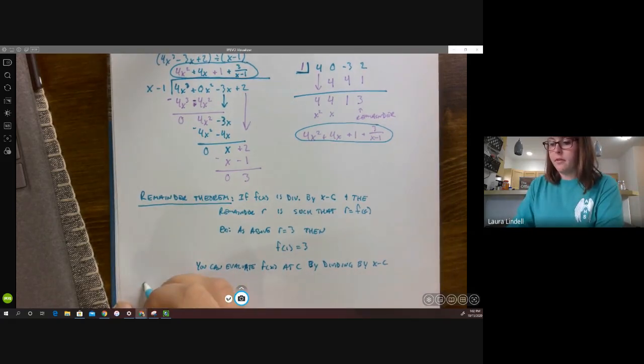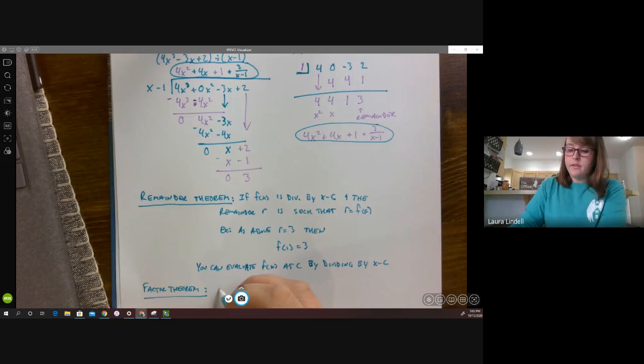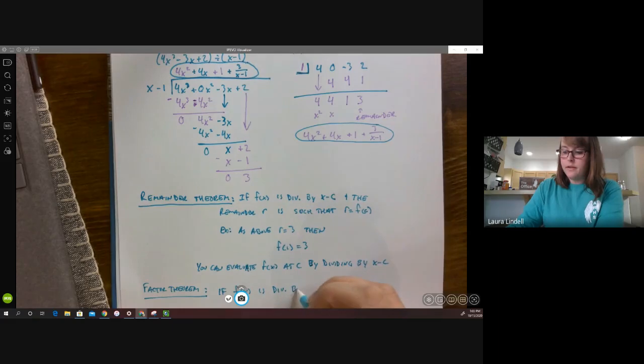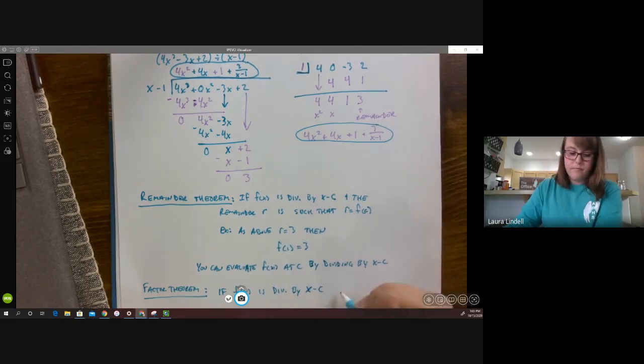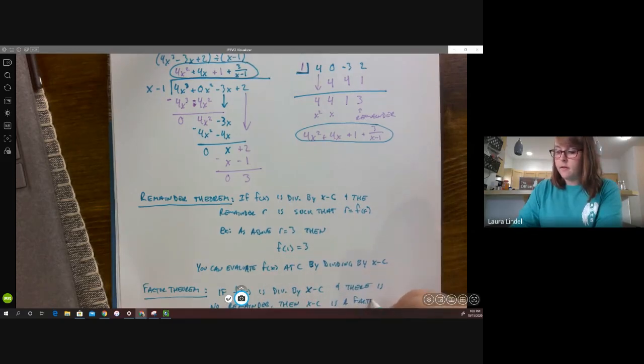And then there's also the factor theorem. And you might be familiar with the factor theorem from advanced algebra trig. The factor theorem says that if f of x is divided by x minus c, and there is no remainder, then x minus c is a factor of f of x.